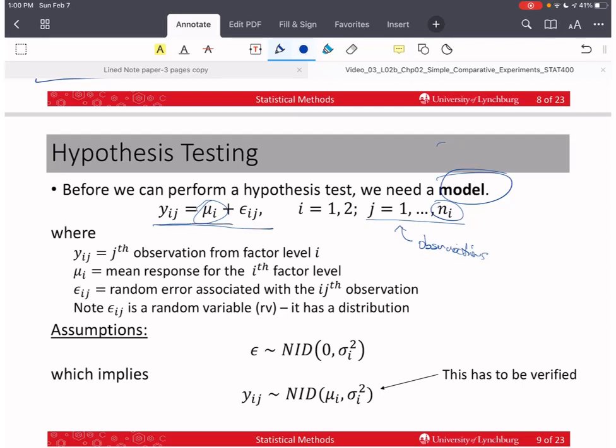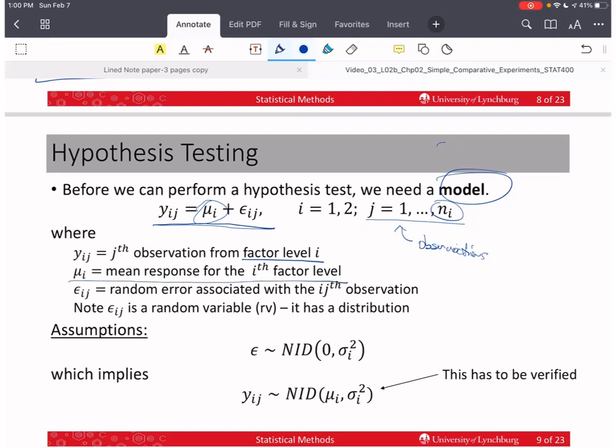So Yij is the jth observation from factor level i. Here we only have one treatment, and we have two factor levels within that one input variable, if you will. And then mu i is the mean response.